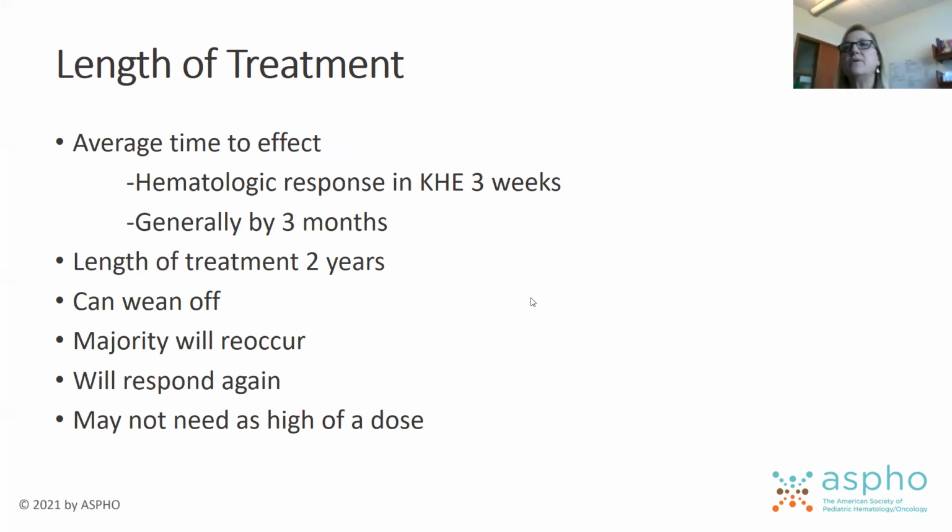The other thing I want to mention is that because Kasabach-Merritt takes so long, 3 to 4 weeks, to actually see a response, you have to be very careful with platelet infusions for KHE patients. When you have a patient with kaposiform hemangioendothelioma that has Kasabach-Merritt, it's very common in the NICU to want to transfuse when the platelets are less than 10,000 because they get nervous about CNS bleeds.